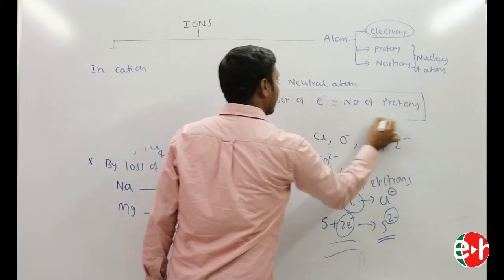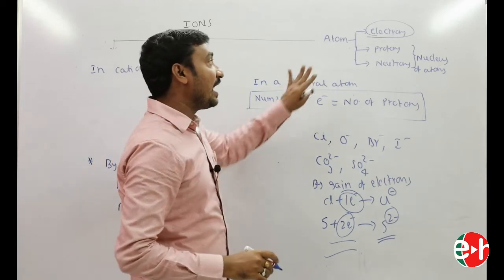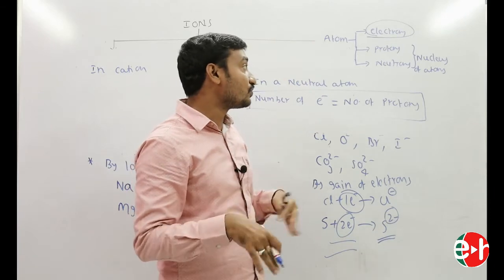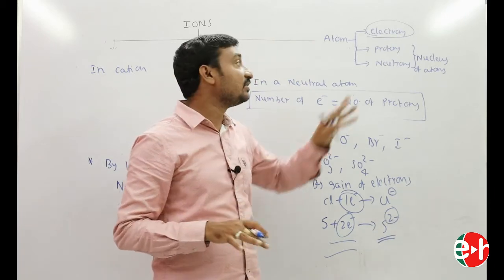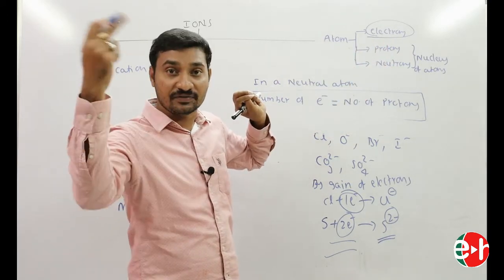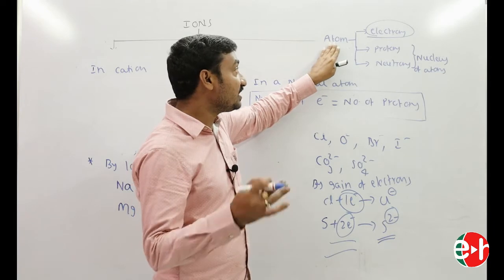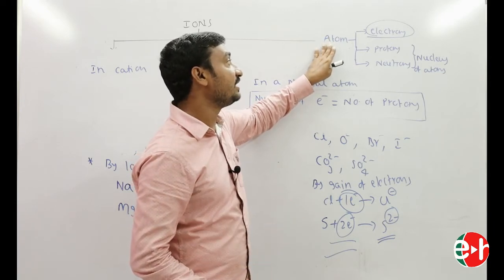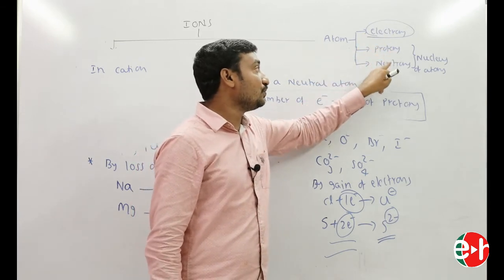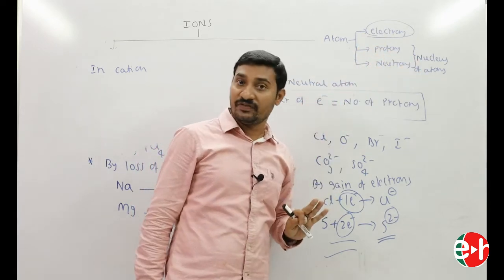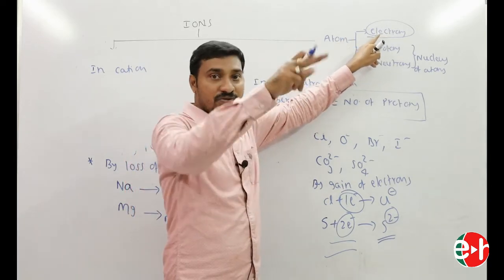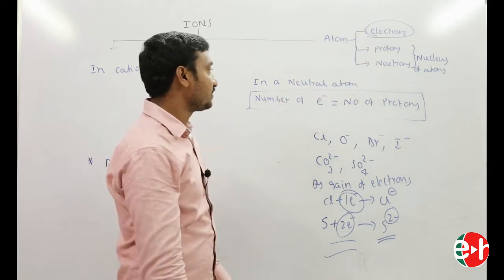Remember, once again I repeat: in an atom, electrons, protons, neutrons are present. Protons and neutrons are present in the nucleus of the atom, and electrons revolve around the nucleus.